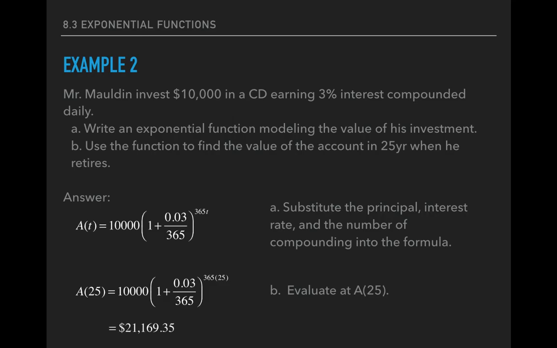It should give you $21,169.35. So that is quite a beautiful profit that he's made. It's just a little bit over doubled in those 25 years, thanks to this wonderful exponential growth function.